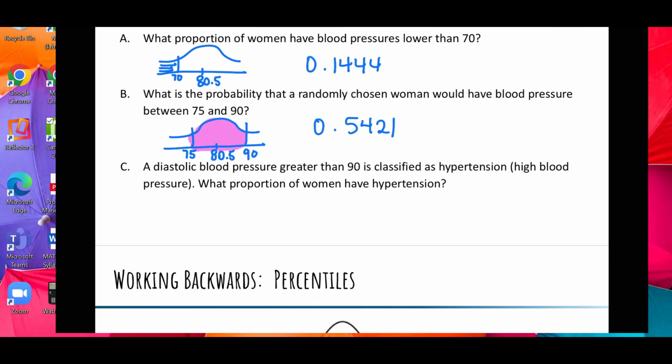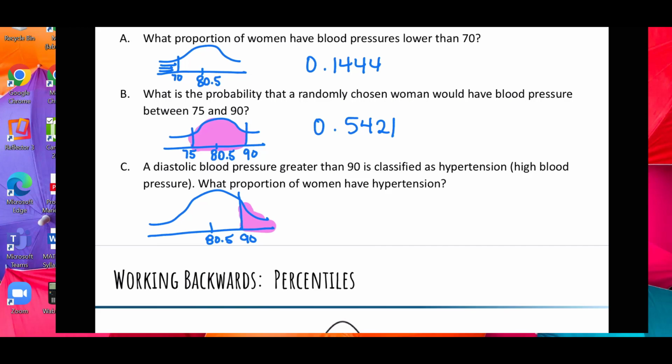A diastolic blood pressure greater than 90 is classified as hypertension, high blood pressure. What proportion of women have hypertension? So you have hypertension if your diastolic blood pressure is above 90. So any above here.